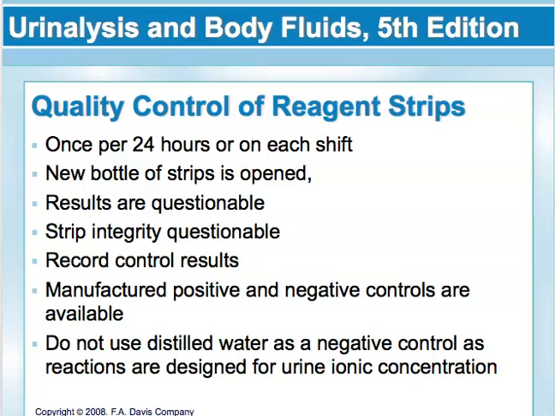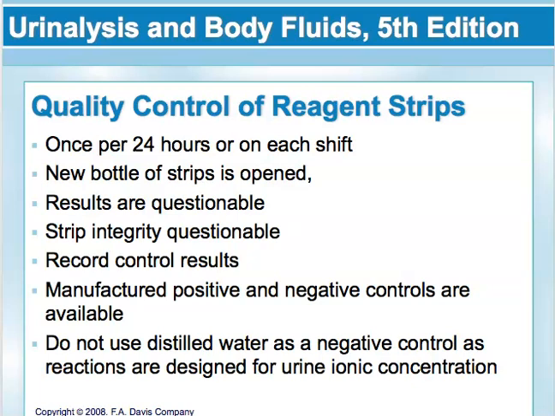Okay, performing quality control of reagent strips. And I've mentioned previously in lectures for other classes, for every test that we perform in the lab, we have to ensure that the results that we're reporting are accurate. We do that by performing quality control.